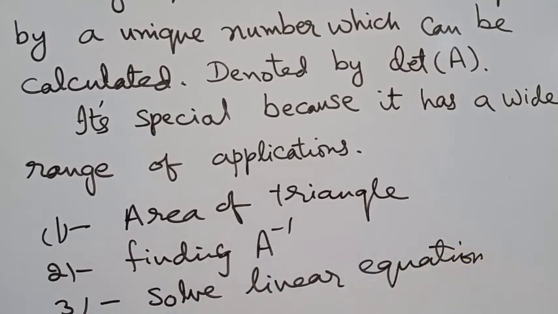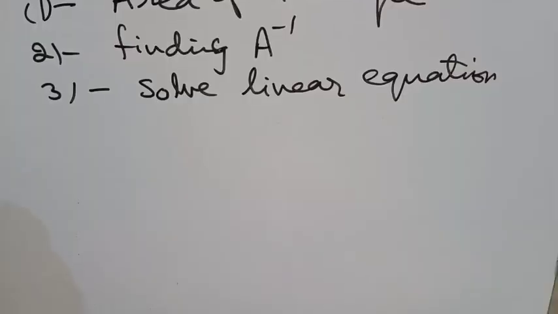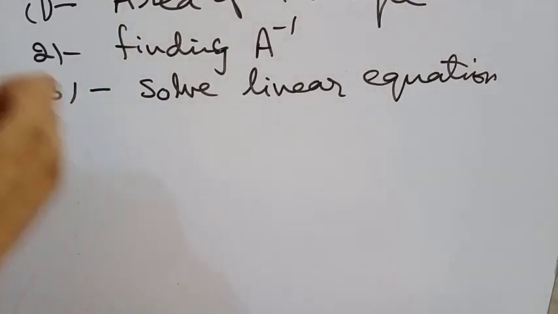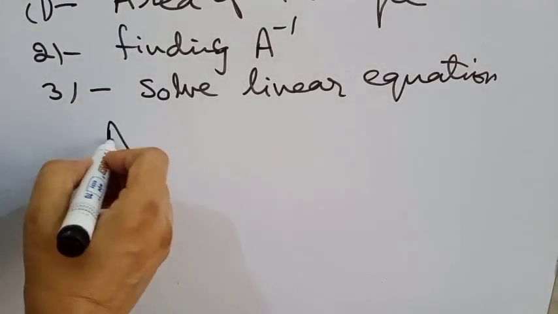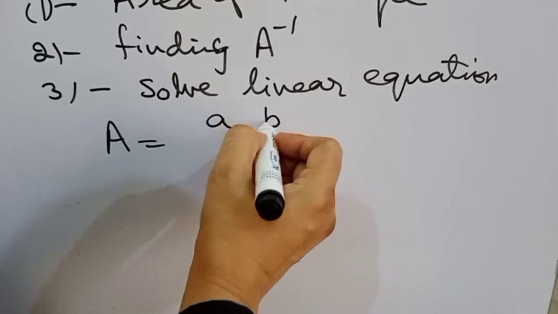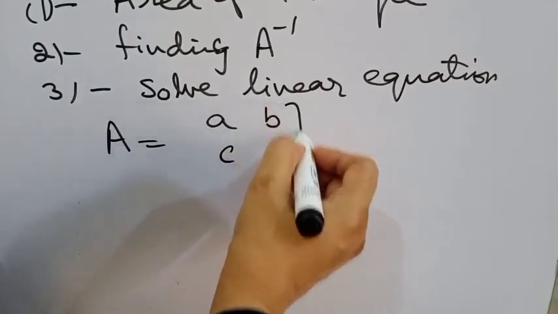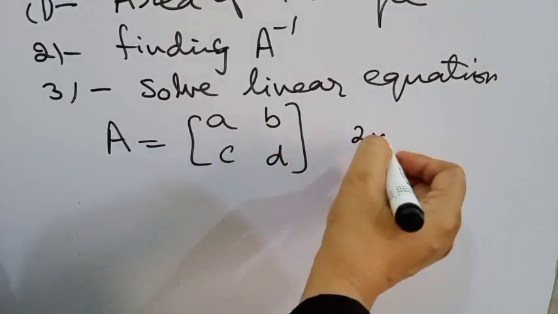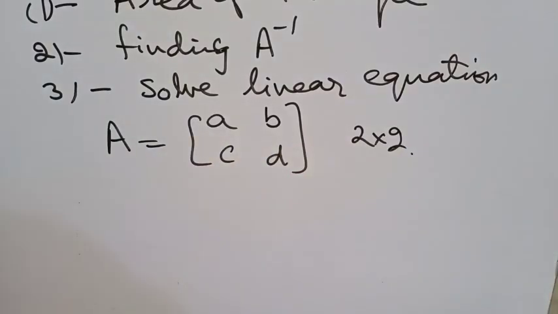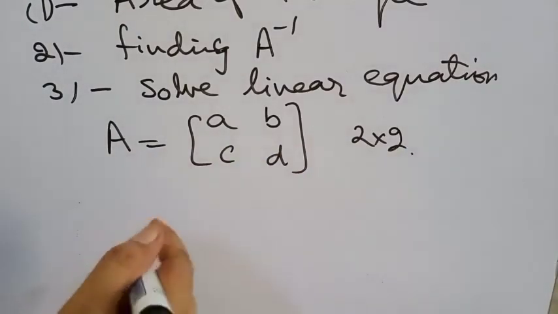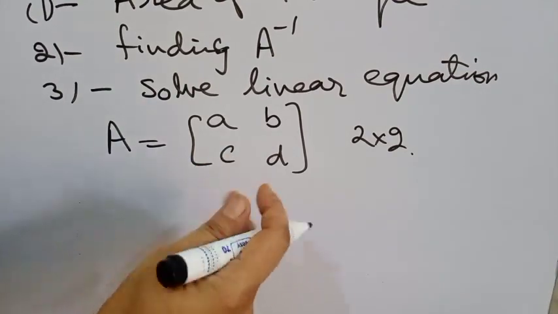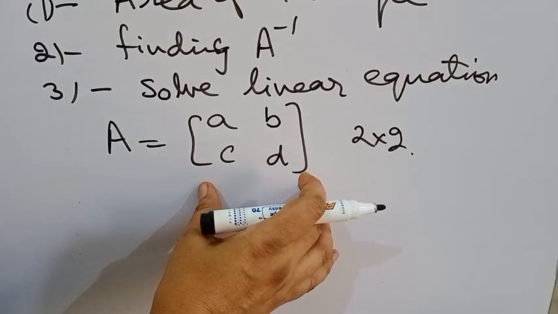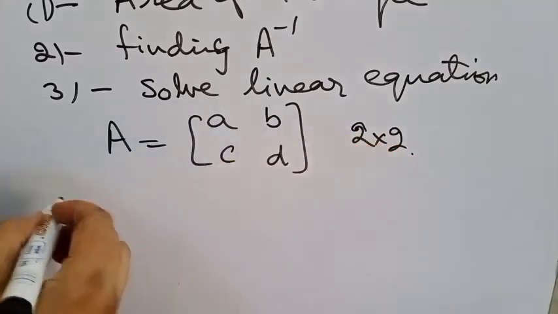For example, we have a matrix A having elements a, b, c, d. This is a 2 cross 2 matrix. We know that we only find the determinant of a square matrix, so we have taken an example of a 2 cross 2 matrix.